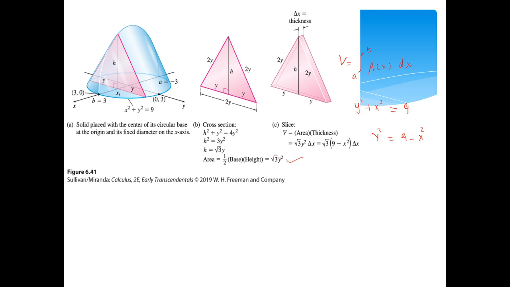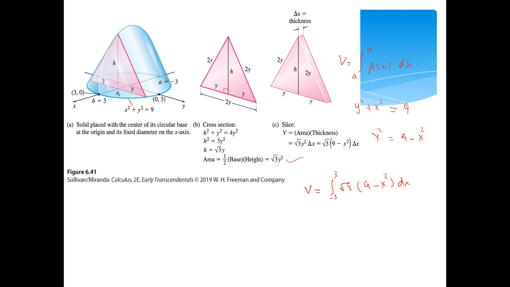So now we're going to change y squared here in terms of this, and then we say the volume V is the integral from -3 to 3 of square root of 3 times 9 minus x squared dx.